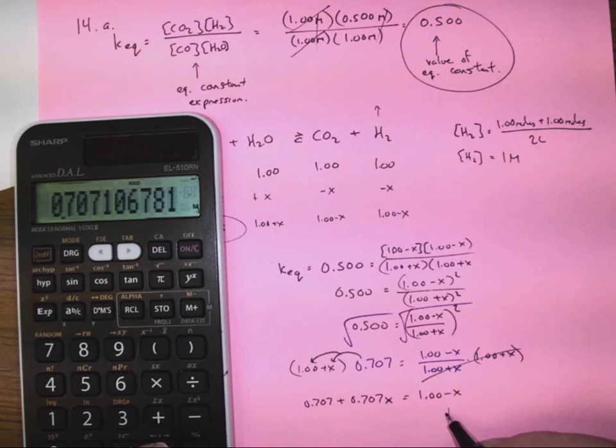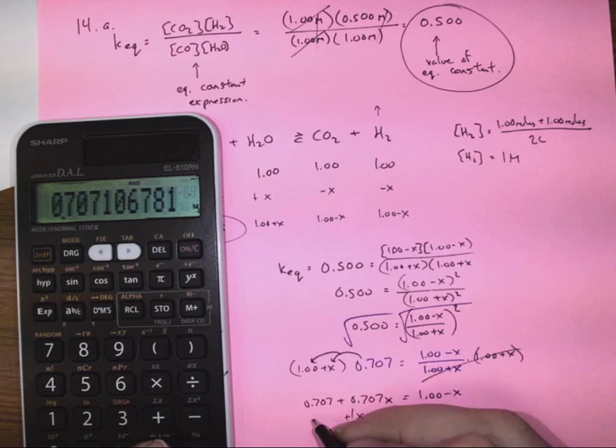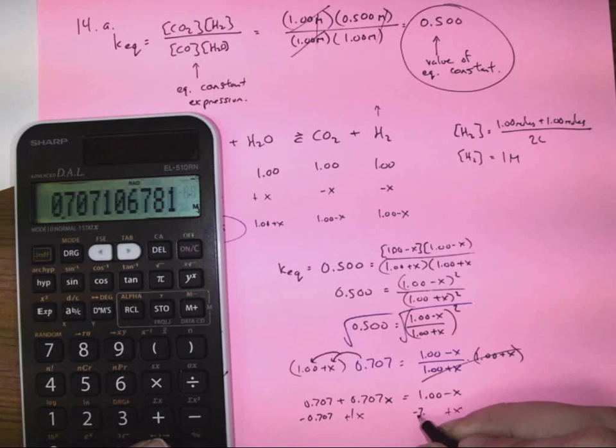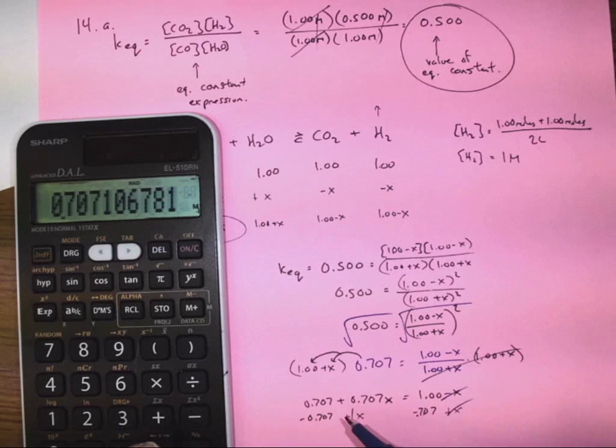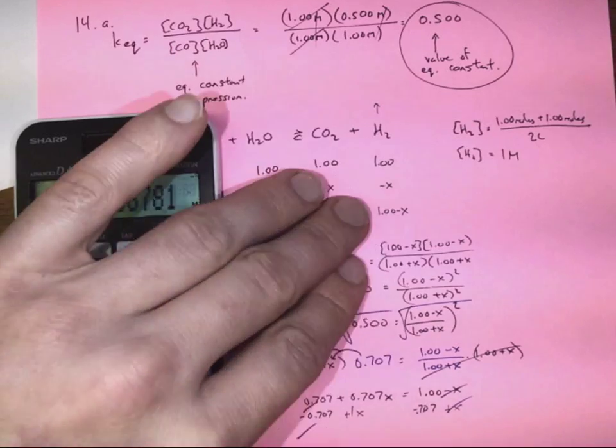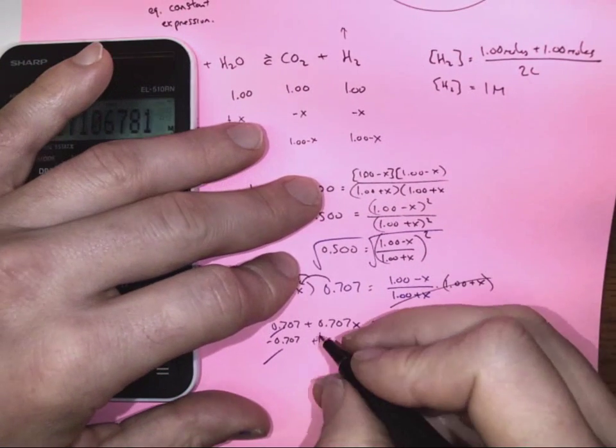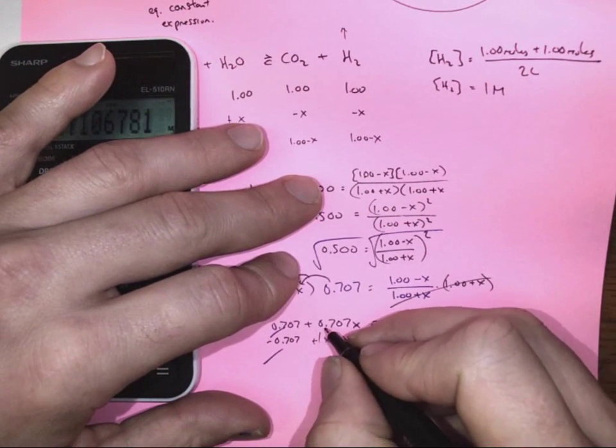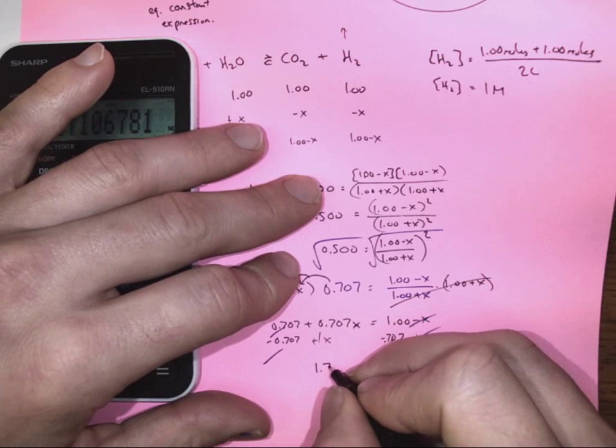So I'm going to add my x's so that they're positive. It's 1x. Take away 0.707. And we'll cancel out the things that cancel out here. All right. So that looks like I get 1x plus 0.707x, which is 1.707x.